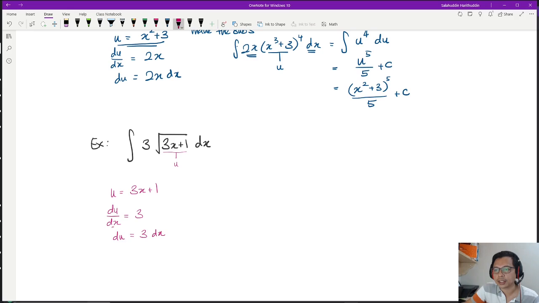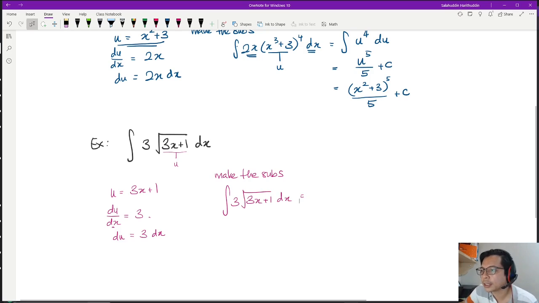I'm just moving this to this side here. Again, make the substitution. I'm rewriting the integration problem. I'm replacing this here with u, and now I'm replacing this here with du.